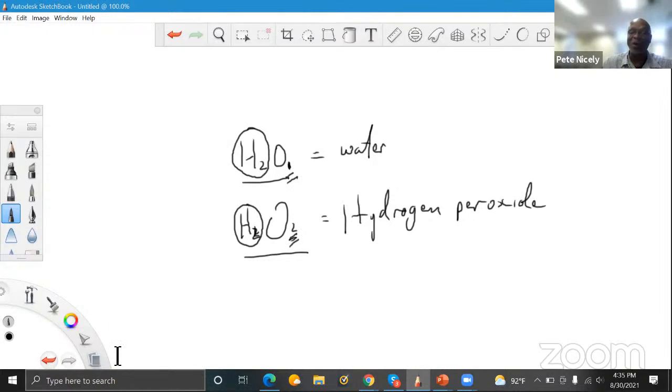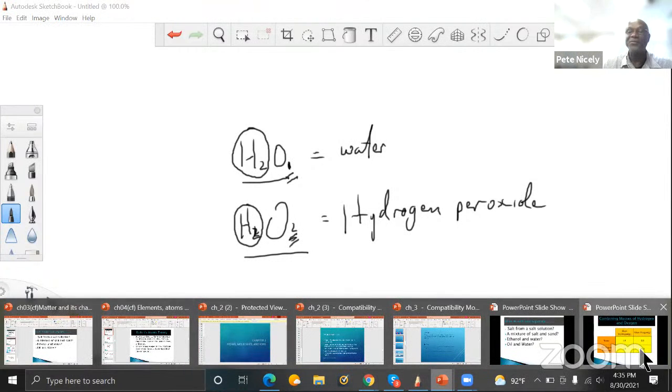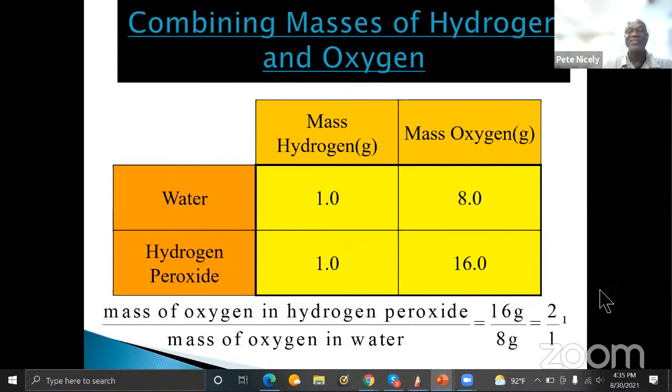So that's a reason why we have the 2-to-1 ratio when comparing the oxygens between hydrogen peroxide and water where the mass of hydrogen is fixed. Okay, so as stated here, the 2-to-1 ratio is basically calculated by dividing 16 by 8.